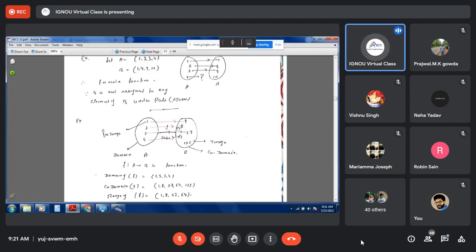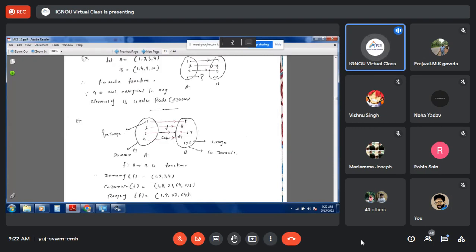So it is a function. You will say this 125, we are not concerned with this. We are concerned with the members of this. If there is member 5, say, if member is 6, then 216 must be there.